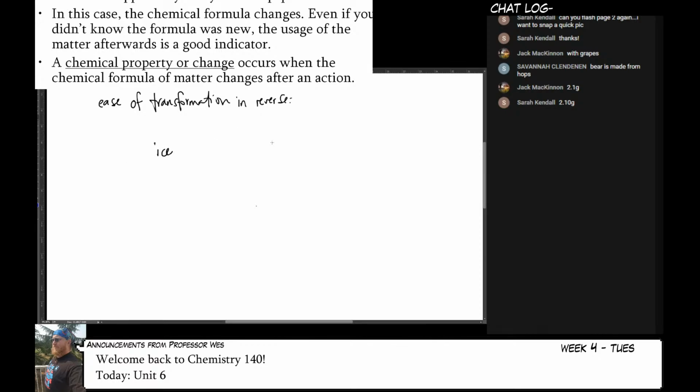For example, if I start with ice, it's easy to turn ice into water. You just let it sit there. And it is not difficult to turn water into ice because you just put it in the freezer. You just lower its temperature, right?